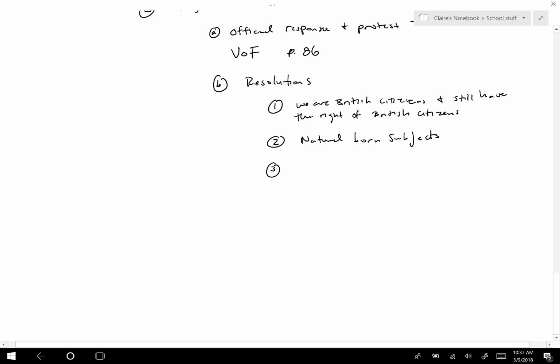The third was that taxation by the people, which is this taxation of actual representation, what this is saying is no virtual representation. Right, they say it has to actually be by the people.